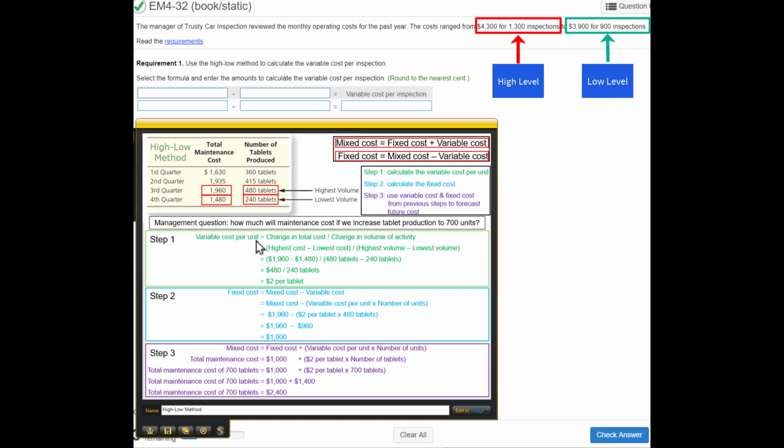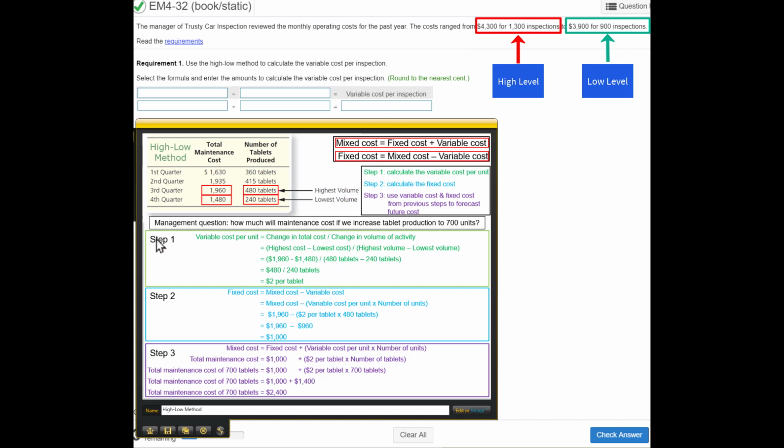So the variable cost per unit, the formula is change in total cost divided by the change in the volume of activity. And because it's the high-low method, we choose the high level of production and the low level of production. Now up here, they only give us two levels of production, so that's what we will use.